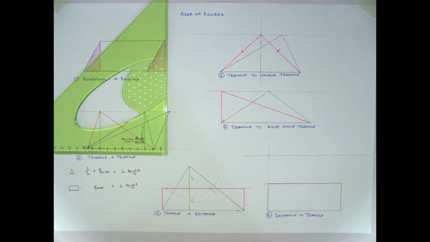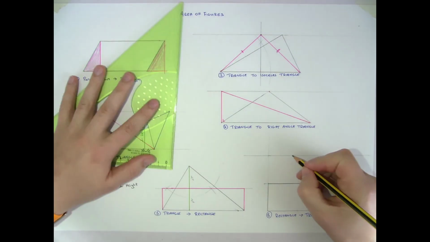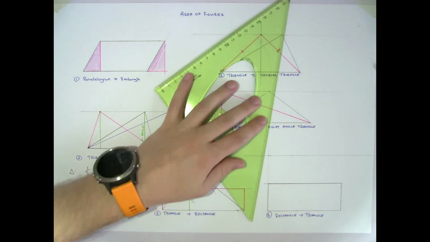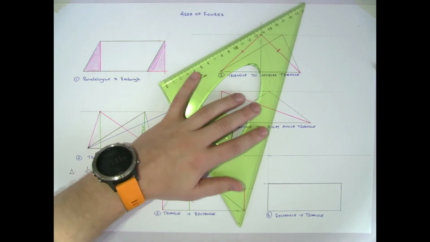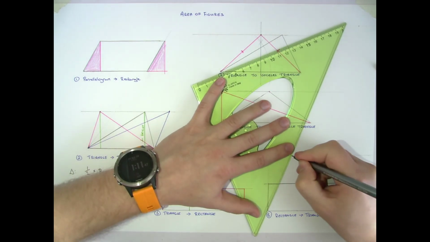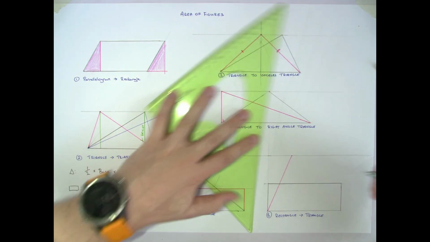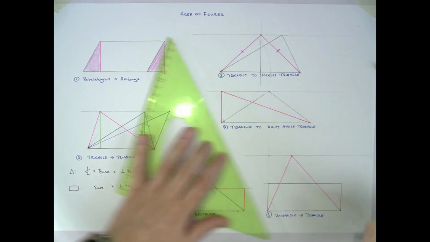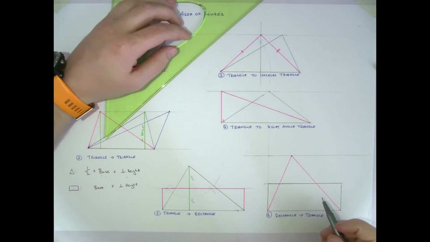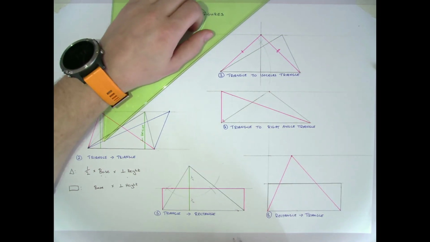And anywhere on that line, I can pick this point here and join that back to the base. This point, join back to the base. That gives me a triangle that is equal in area to this rectangle.